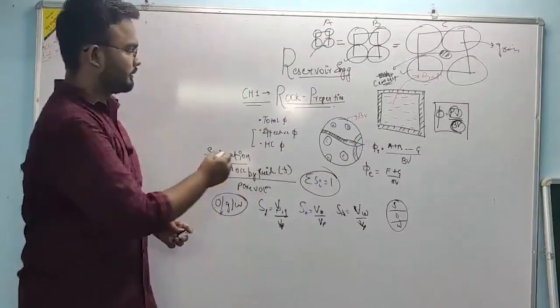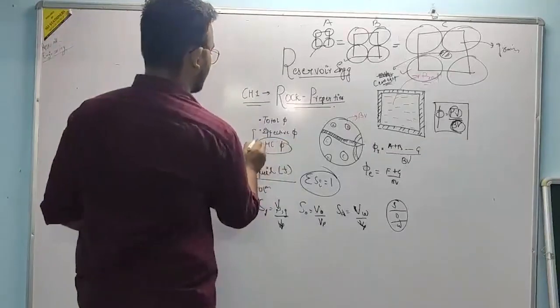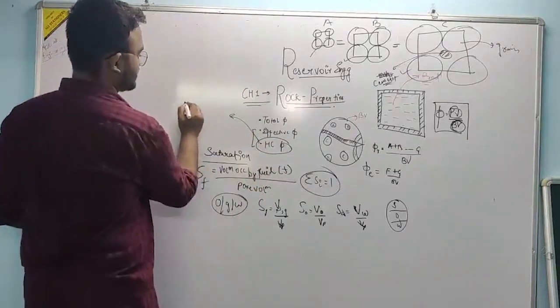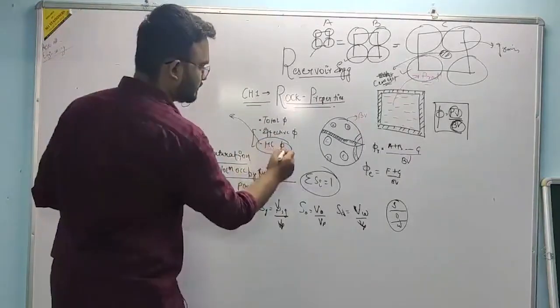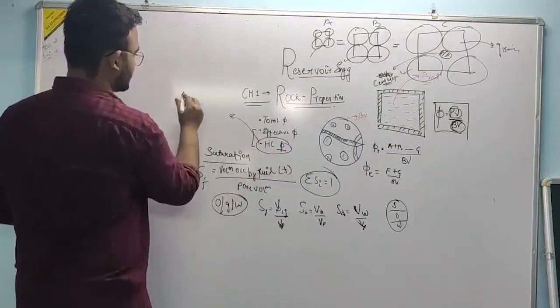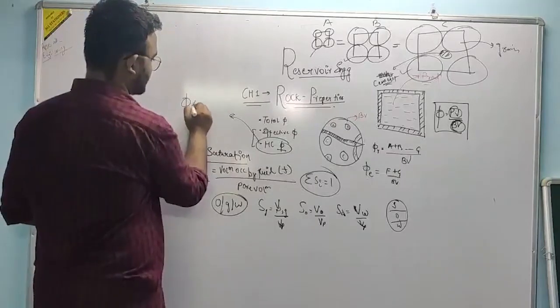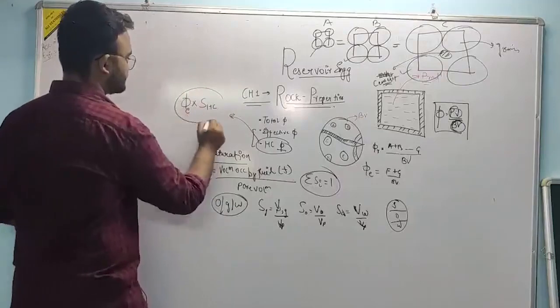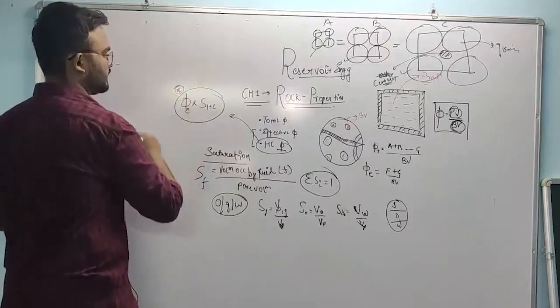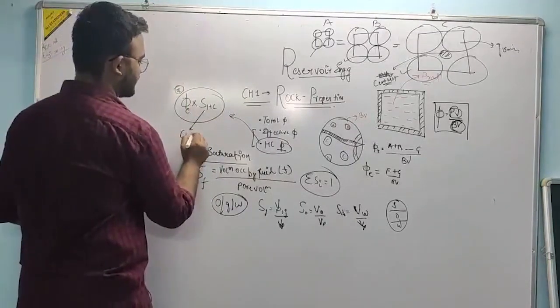So coming back to hydrocarbon saturation, what is it? Hydrocarbon porosity is the overall porosity, the effective porosity multiplied by the saturation of hydrocarbons. This is important. Some people write it as 1 minus SW.